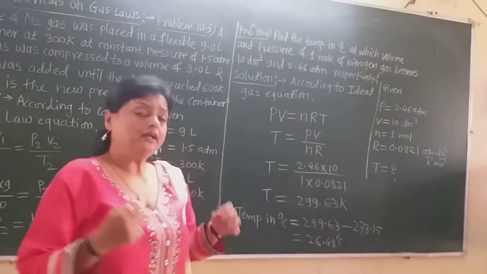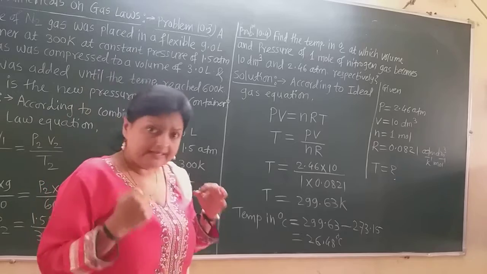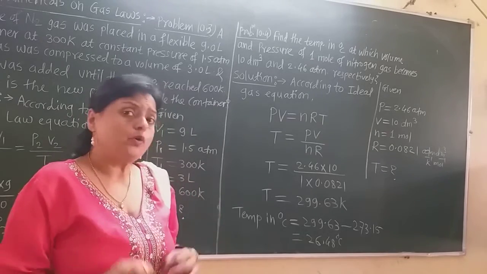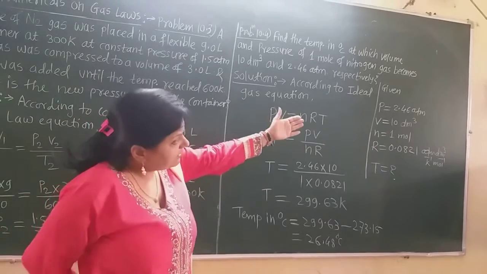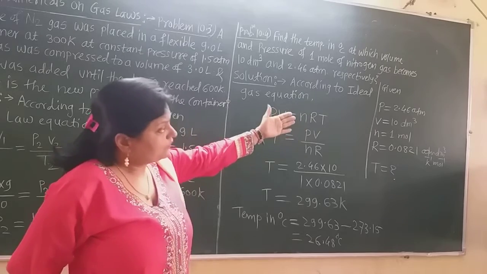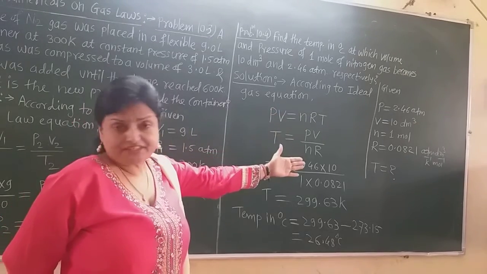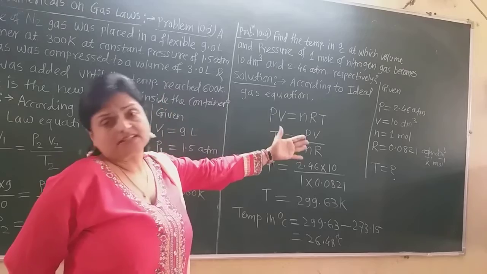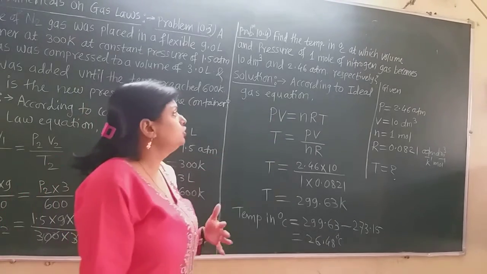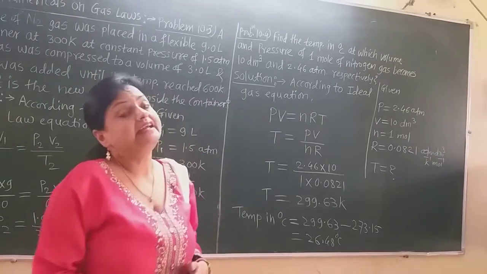If we read this problem, the pressure, volume and number of moles are given and they ask for the temperature. So this numerical we have to solve according to the ideal gas equation.